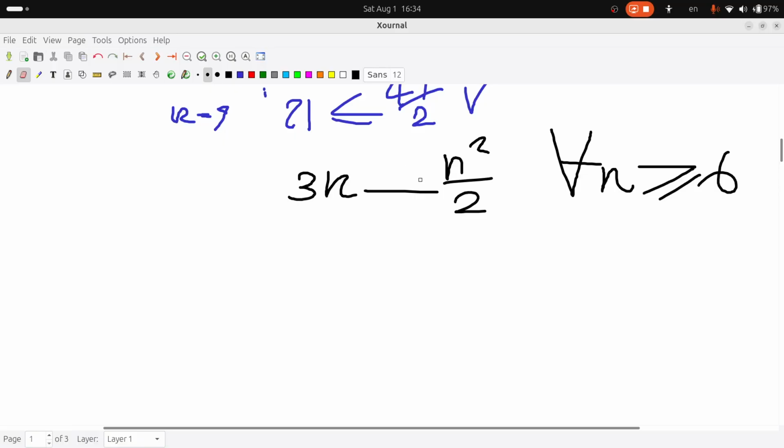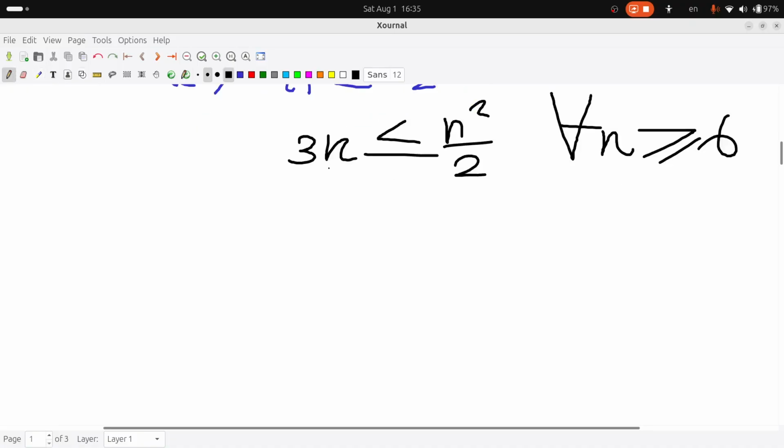How can we continue this inequality? We can multiply both sides by -1, so it will be negative of 3 multiplied by n.